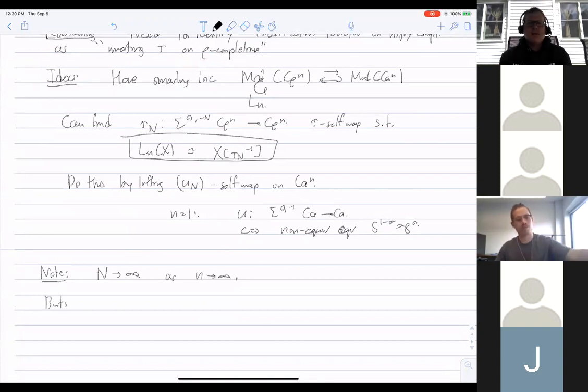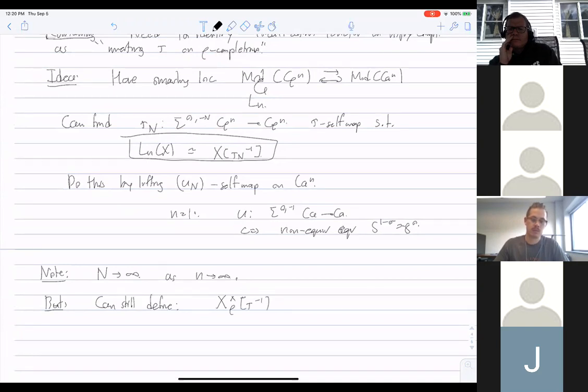However, you can still define the tau inversion of the rho completion as the inverse limit over n of x mod rho to the n, tau inverted.